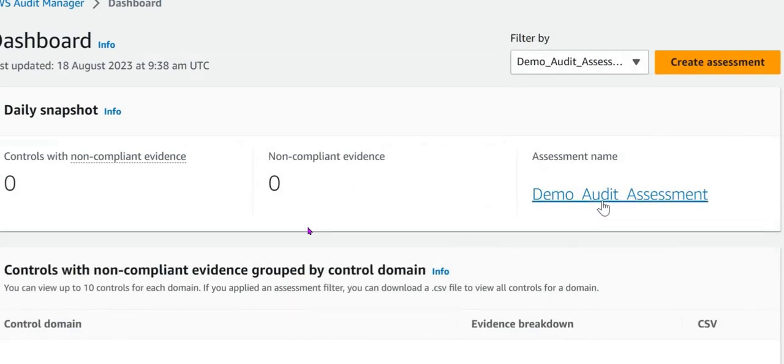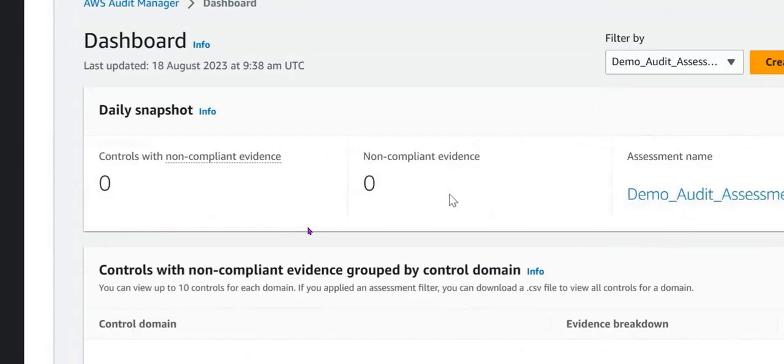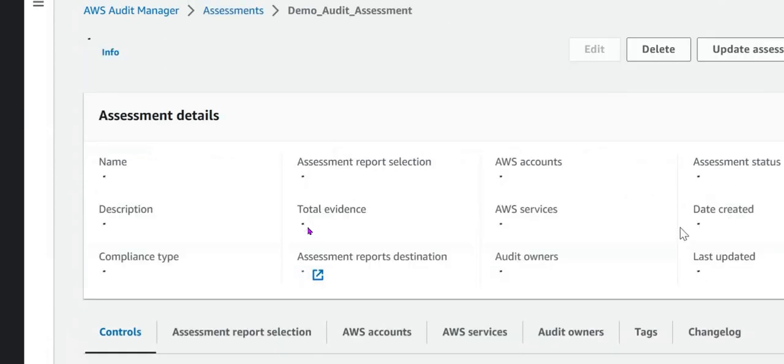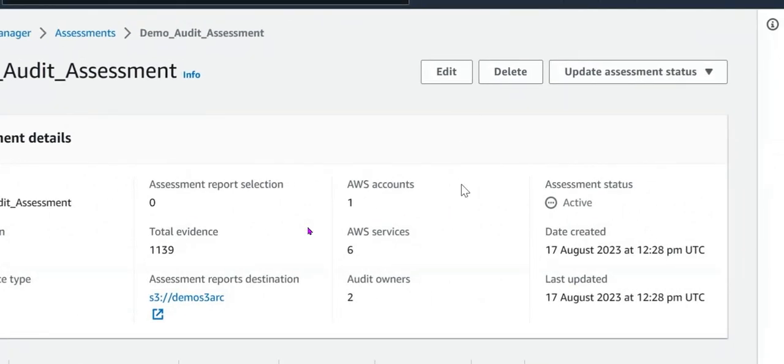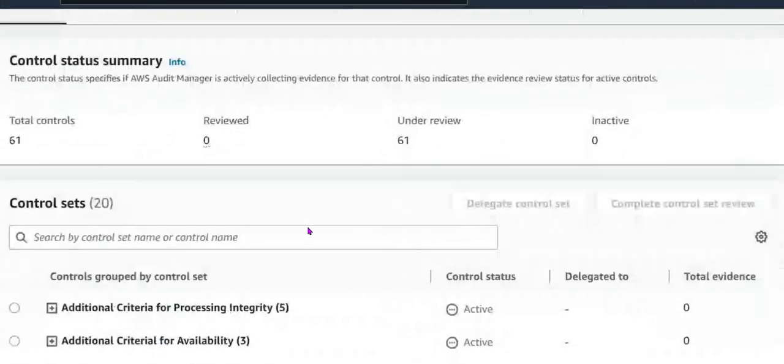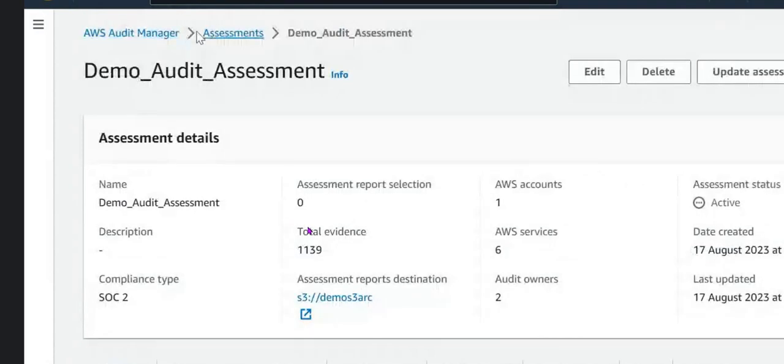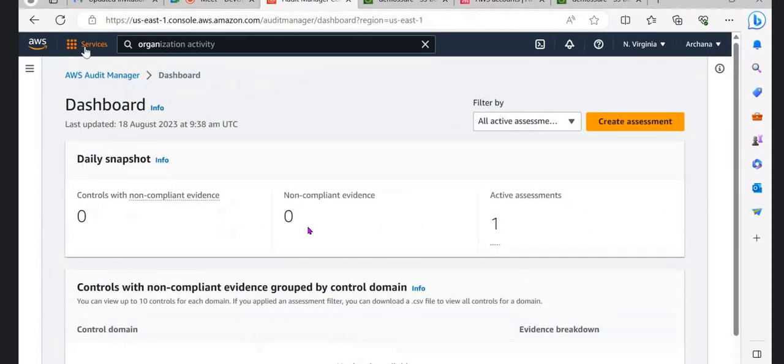Demo audit assessment. Okay, fine. Can we move on? Yeah, let's move on to the next one.